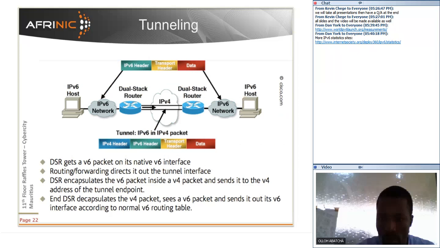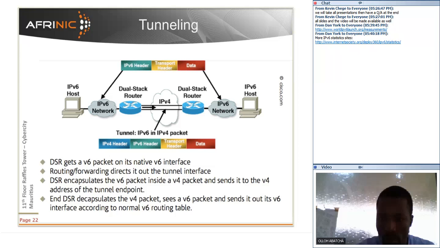Again, tunneling: you see your IPv6 datagram up there with your IPv6 headers, with the data information, with the transport header. The packet originates from the IPv6 network and goes to the dual stack router. The dual stack router then forwards it and directs it to the tunnel interface because it's IPv6 going to an IPv4 network.